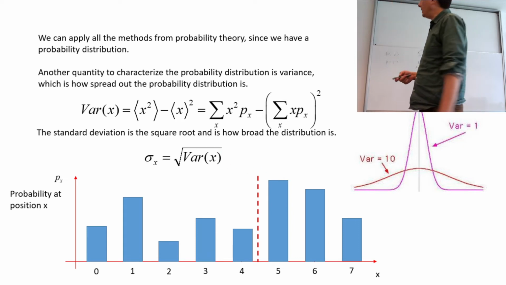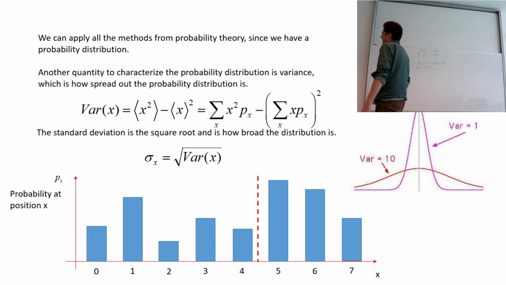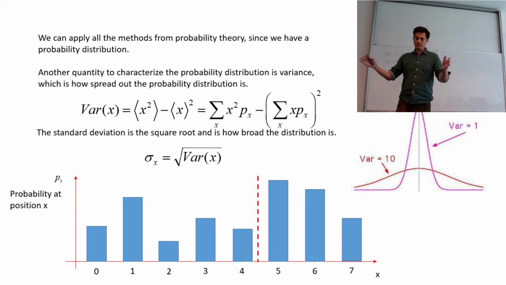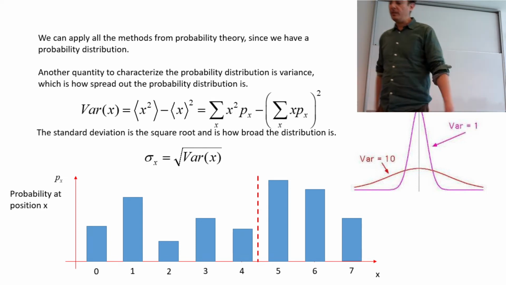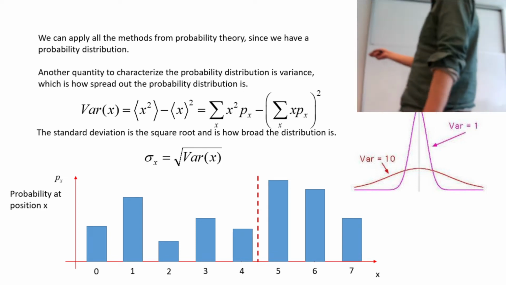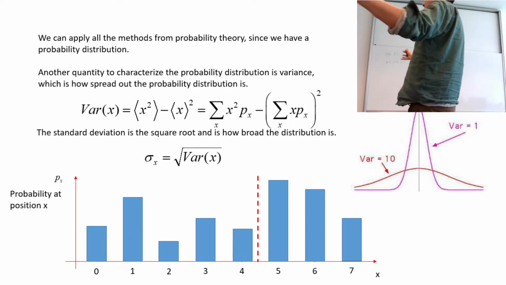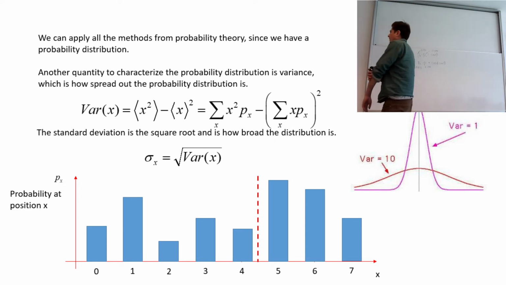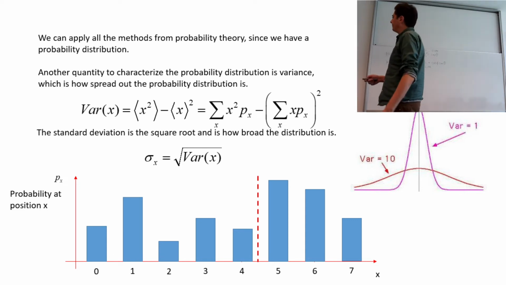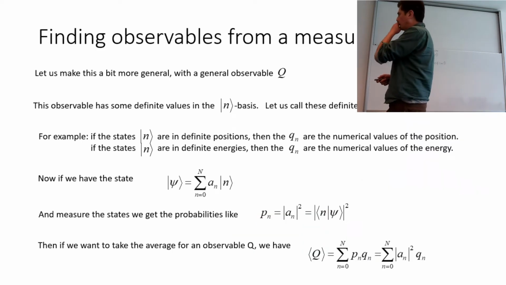And standard deviation is just the square root of that. It obviously measures the breadth or width of this distribution. In this case, the standard deviation will be something similar to this range.